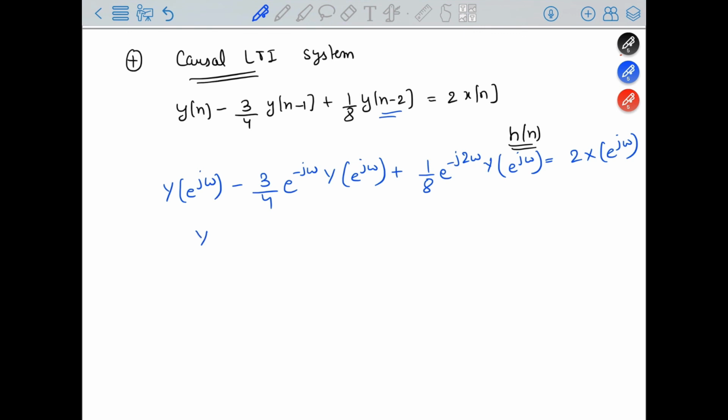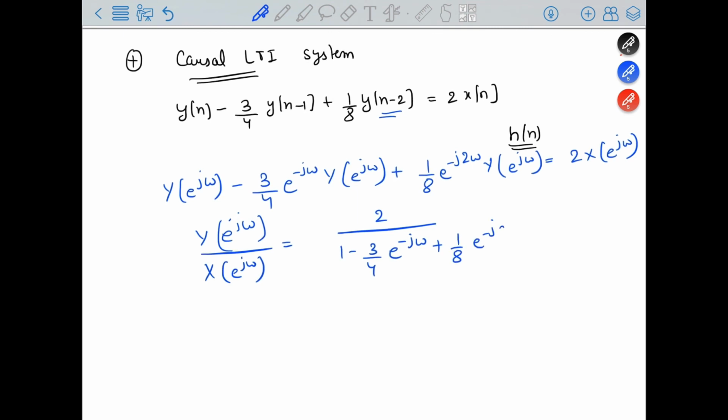Now when we rearrange, Y(e^{jω}) over X(e^{jω}) is equivalent to 2 over 1 minus 3/4 e^{-jω} plus 1/8 e^{-j2ω}.